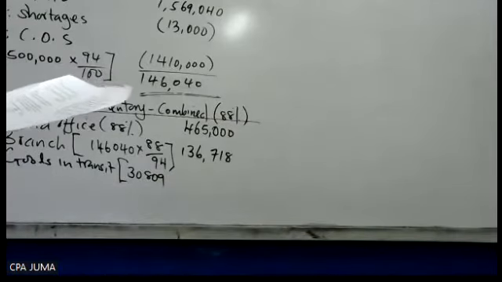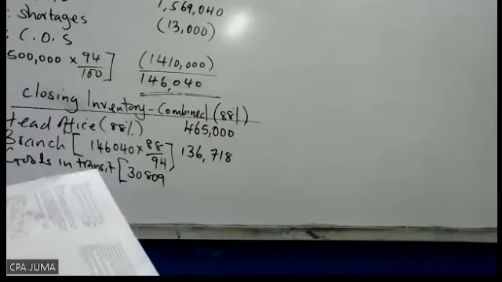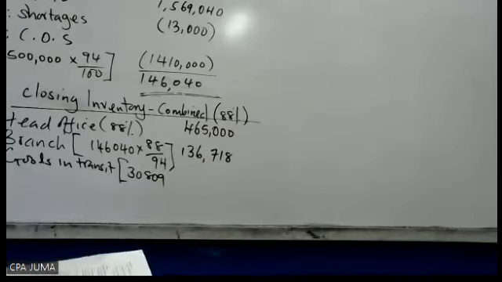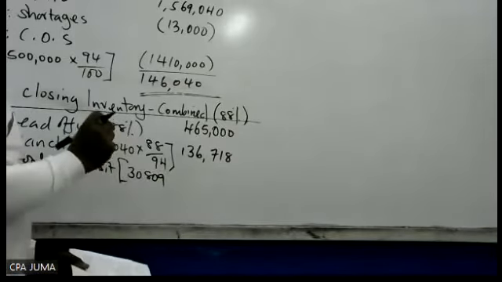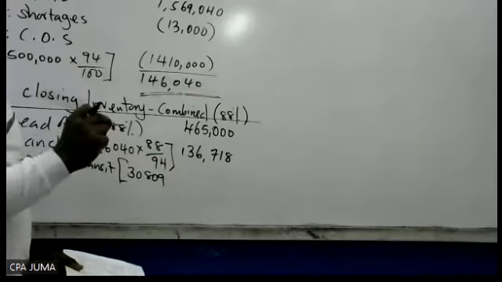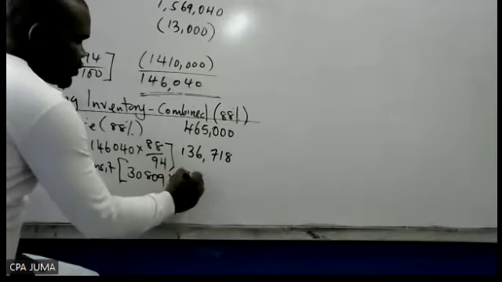Packaged goods whose selling price to the public was 38,009 were dispatched by the head office to the branch and were received later. So they have said whose selling price to the public, which was 100. So this 38,009 was at what percentage? 100%. What percentage do we want? 88.